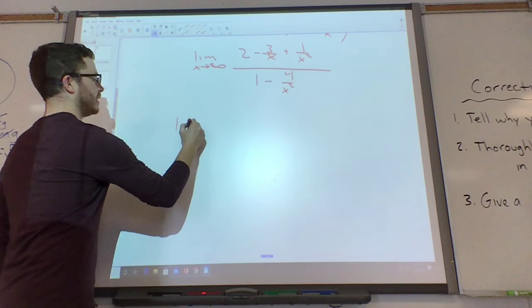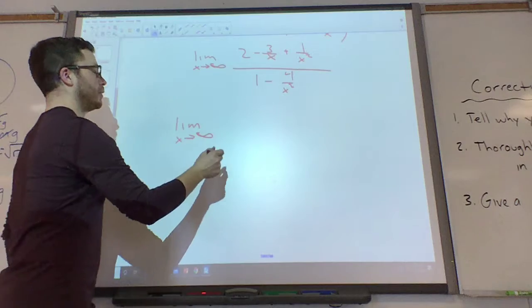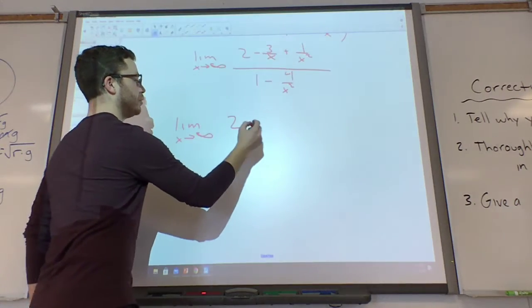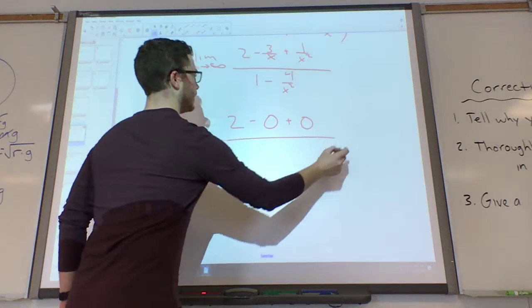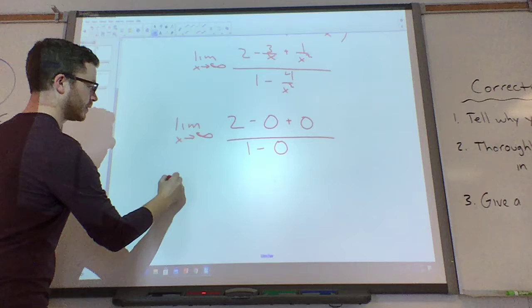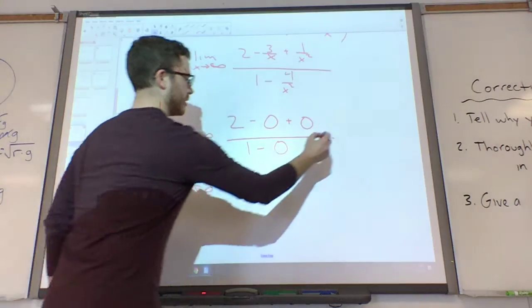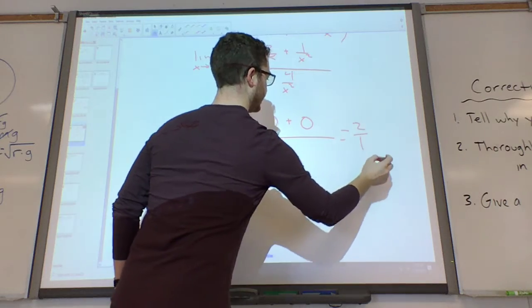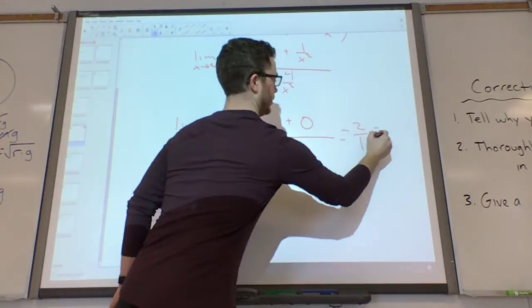So now we'll just go in. The limit as x approaches infinity. The limit of a constant is just the constant. So 2 minus 0 plus 0 divided by 1 minus 0, which is equal to 2 over 1, which is equal to 2.